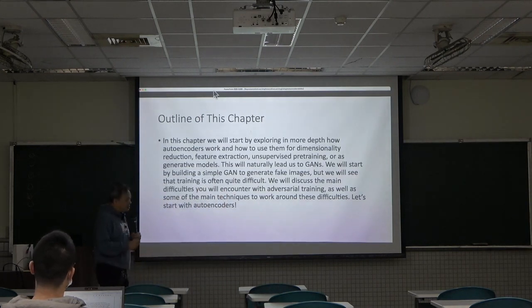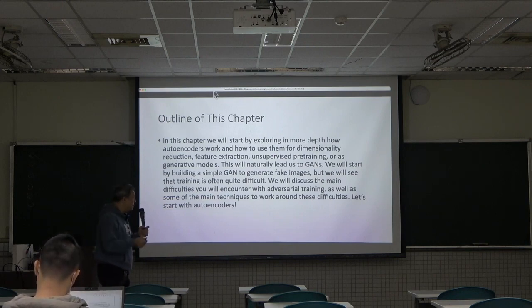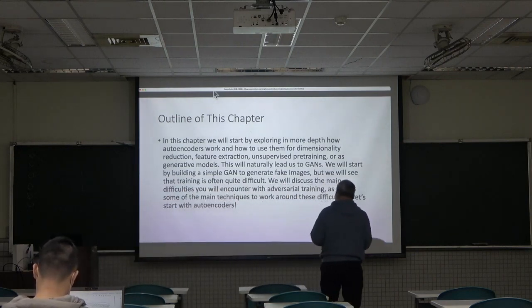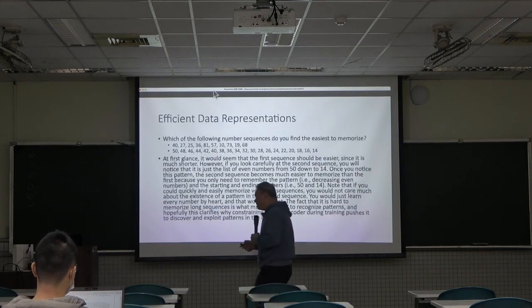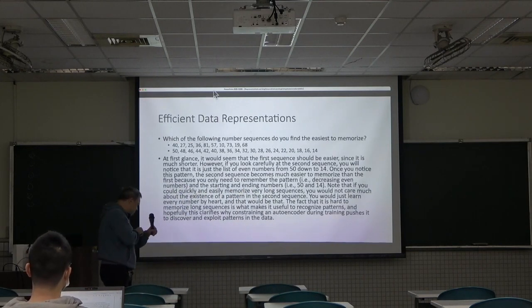GAN is very sensitive in training. Just a little bit of change can impact the result a lot. Anyway, I really suggest you take a look at the GAN chapter in the textbook.